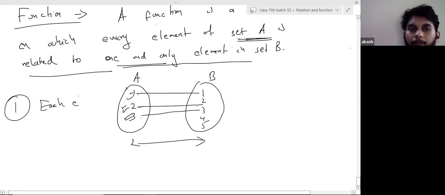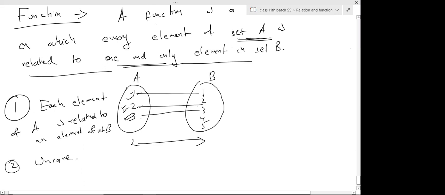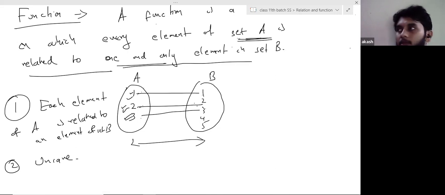Each element of A is related to an element of set B. Second, it must be unique, right? 1 cannot be related to 2 also. 1 must be related to 1 only. One can be related to only one element. Clear? Please note it down, the example also.